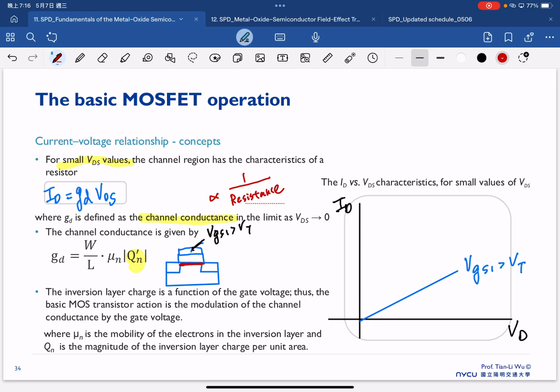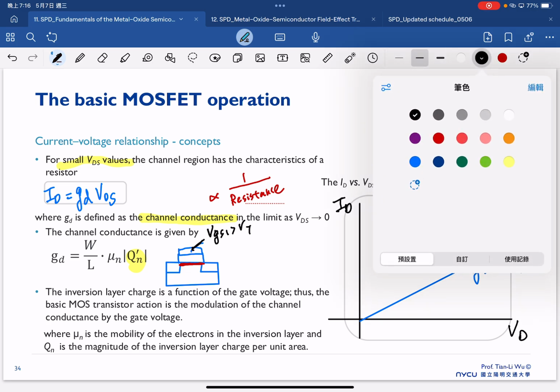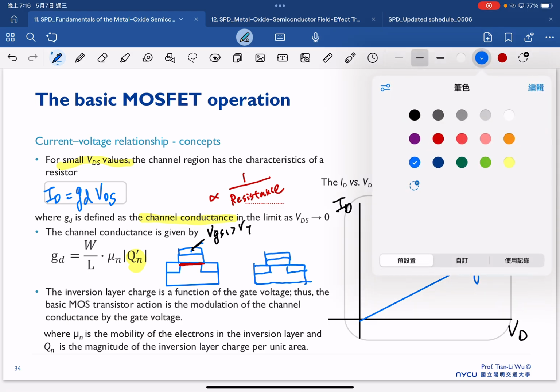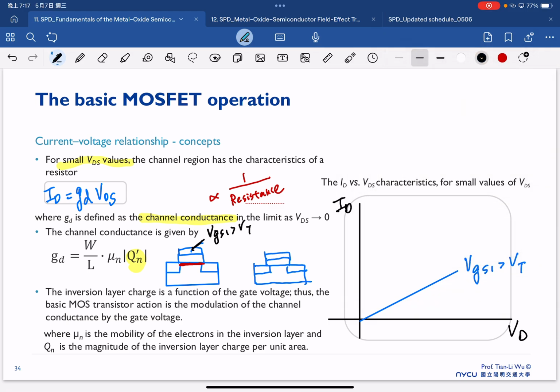Now consider the second case: still we have the source, drain, oxide, and metal, but now VGS2 is larger than VGS1, which is larger than VT.